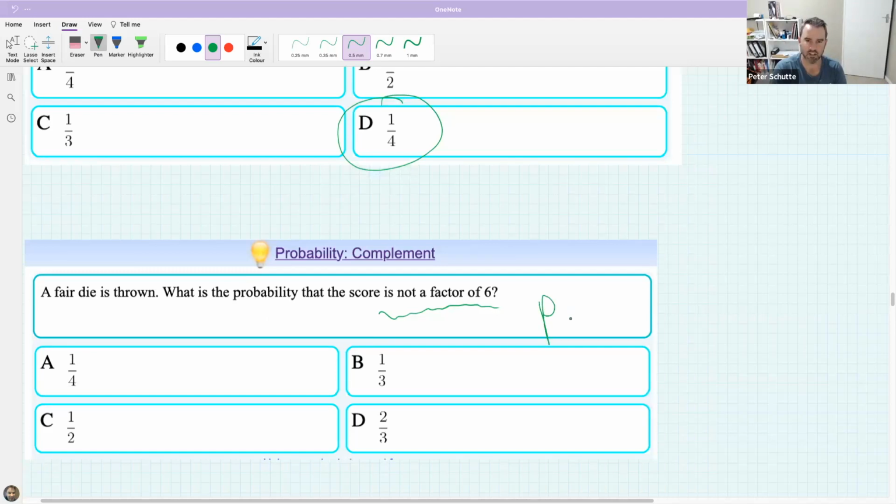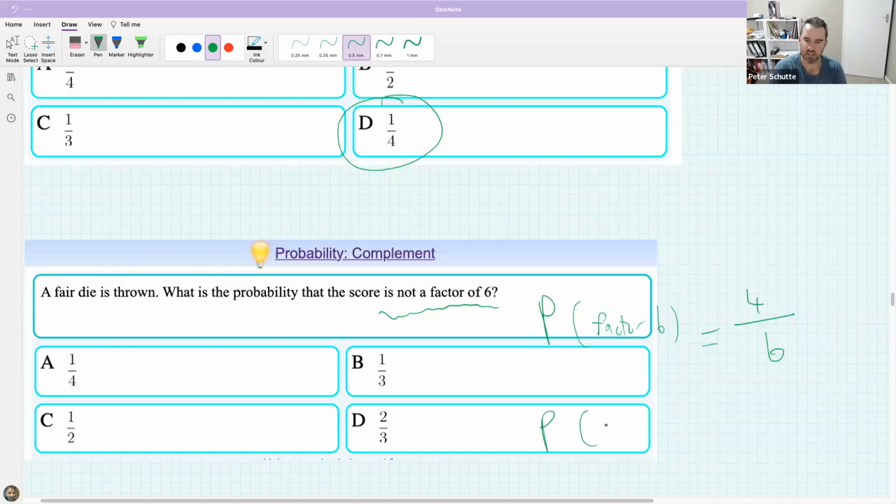So we actually did the probability of something being a factor of 6 earlier on in the lesson. And that was the probability of something being a factor of 6 was 1, 2, 3, so it was 4 out of 6.